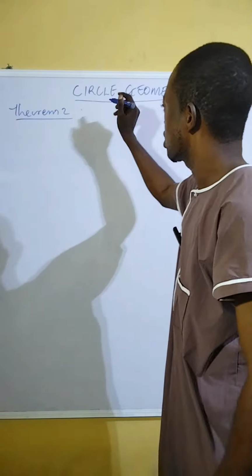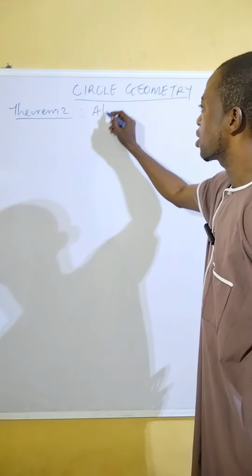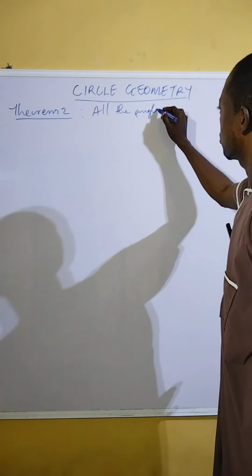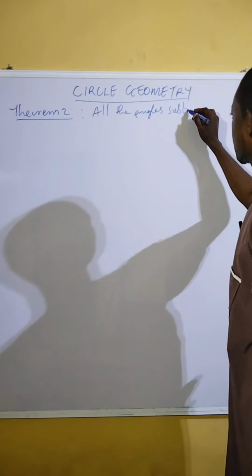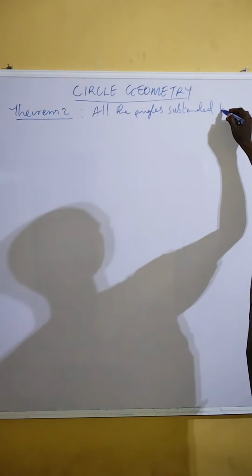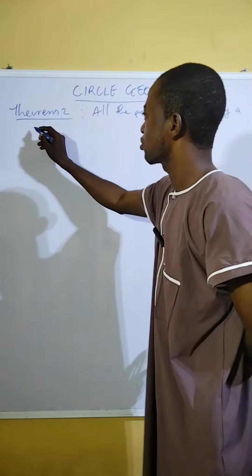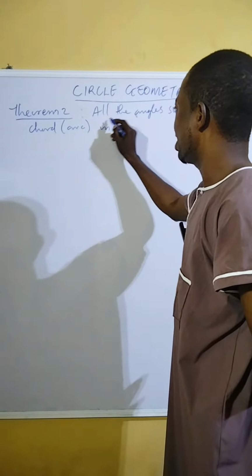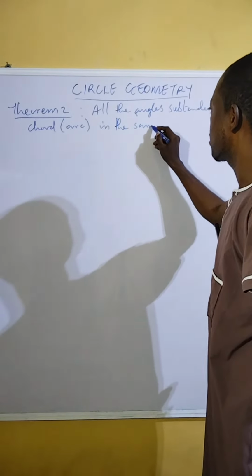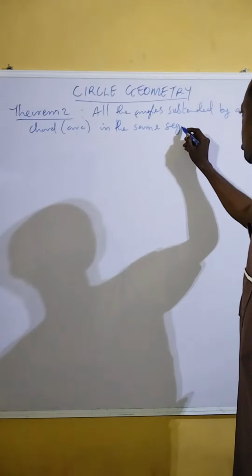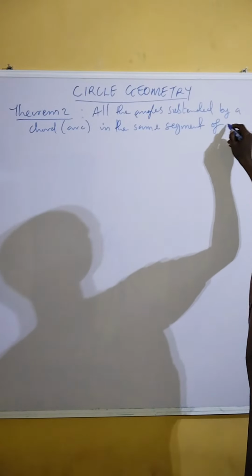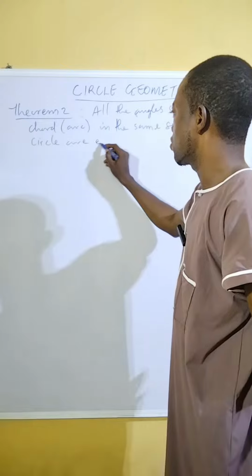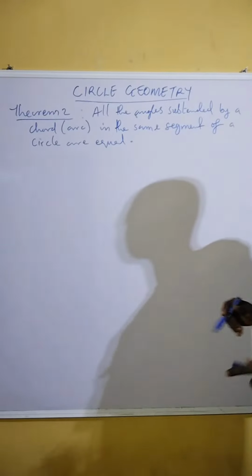This theorem says that all the angles subtended by a chord or arc in the same segment of a circle are equal. In the same segment, that's a very key word.